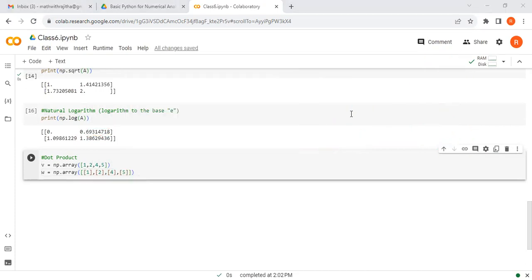Now my V vector is a row vector, which is 1, 2, 4, 5. I have 4 entries. The shape of this is 1 into 4. I have my W vector, which is a column vector, 1, 2, 4, 5.